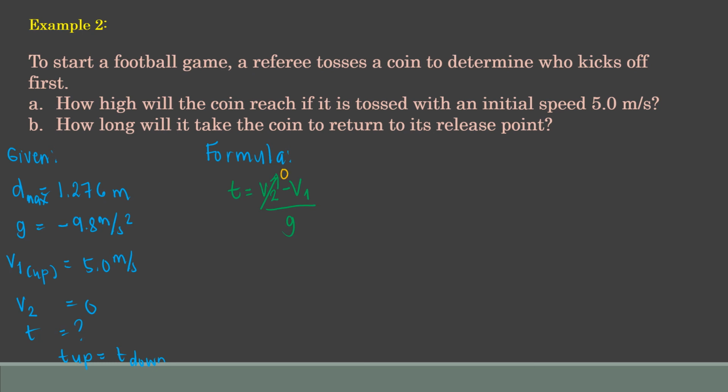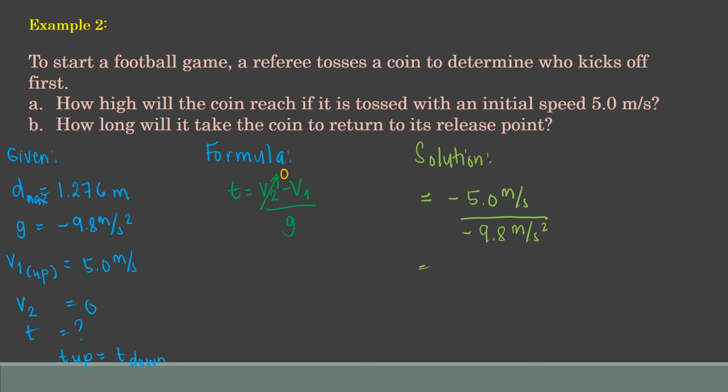Then we can do the substitution. We have now minus v sub 1, which is 5.0 meter per second, all over our g, which is negative 9.8 meter per second square.